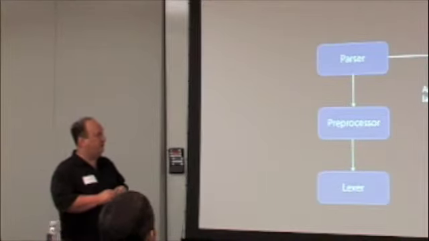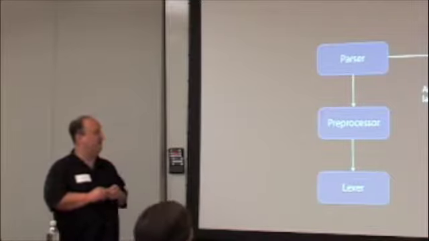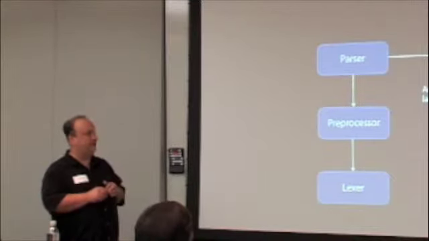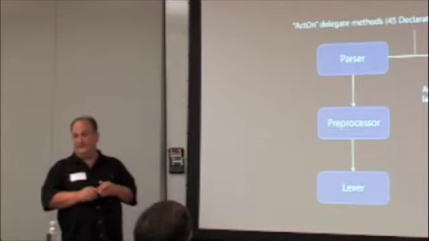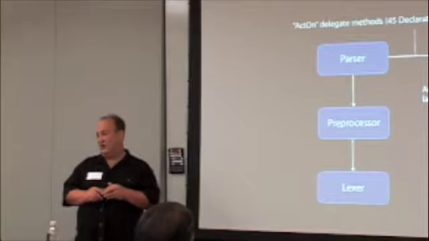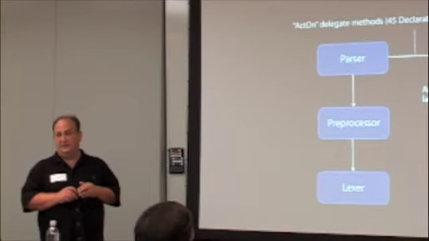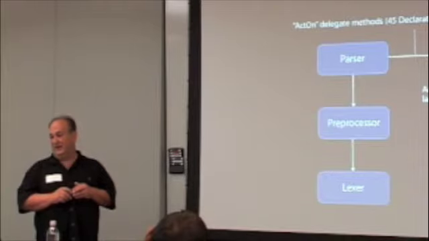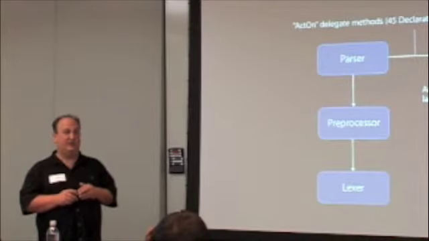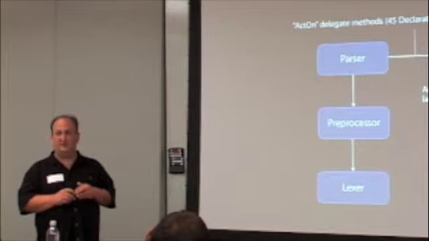We have these Clang parser actions, which are an abstract interface that corresponds to roughly the language elements in the C and Objective-C grammar. And that's abstract. So there's a whole slew of act-on delegate methods. The most complex set of delegate methods are for declarations, because C declarations are complex to parse and analyze, and they include types, and C types are complex to parse and analyze.